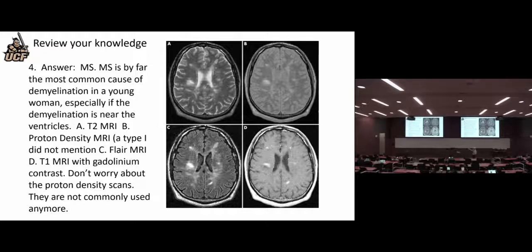MS, okay. And here are the different types of scans. The T2. This one I didn't tell you about, a proton density scan. They're not used so much anymore. Wouldn't worry about that one. This is a FLAIR. You can see it best on a FLAIR. And this is the T1 with gadolinium. And see, this is something you could get with the T1 with gadolinium. Notice this is white, and there's some white stuff here.